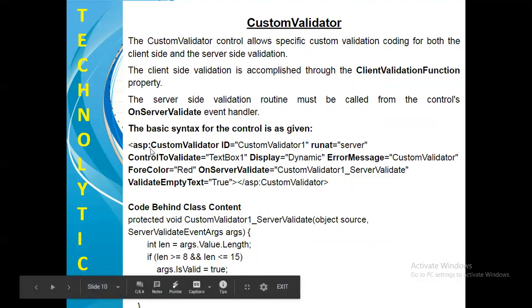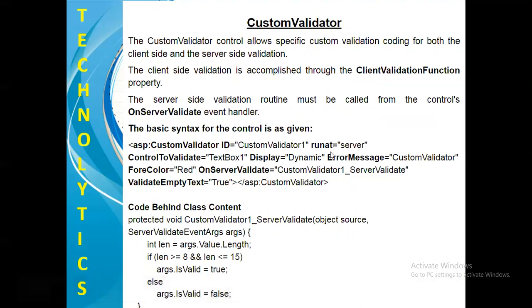Here I have given an example: asp:CustomValidator, ID you can specify, runat server, control to validate, the control you are dedicating for this particular custom validator; that control name you have to specify here. Display dynamic states that this validator will be activated at runtime. The error message will be displayed if an error occurs. ForeColor red, because if we display any error in red color, it can be highlighted to the user.